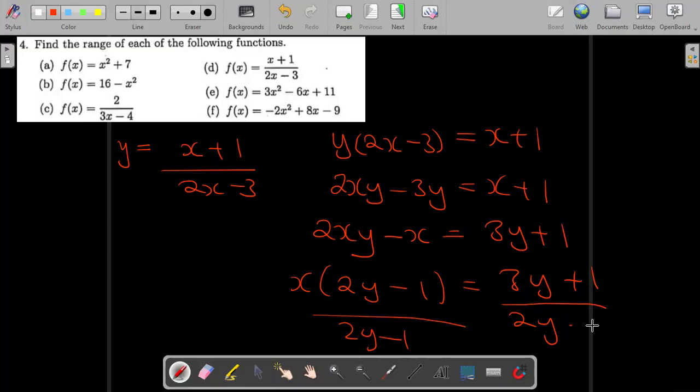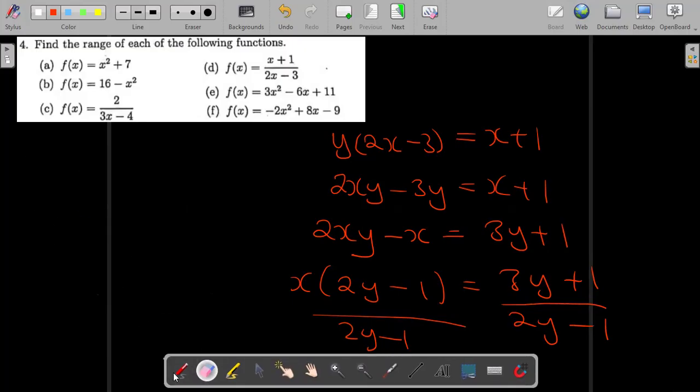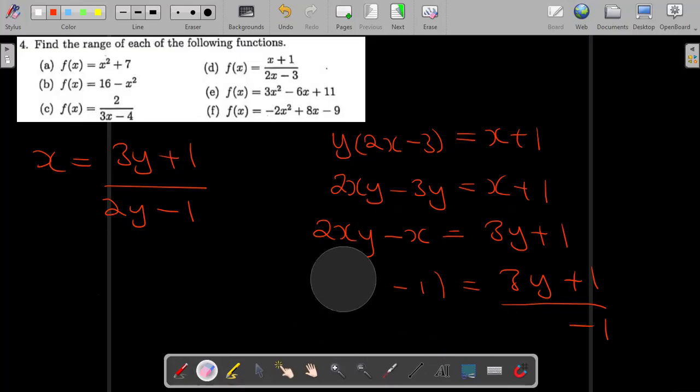After doing that, I end up with x equal to 3y plus 1 divided by 2y minus 1. And so that there is my inverse function.